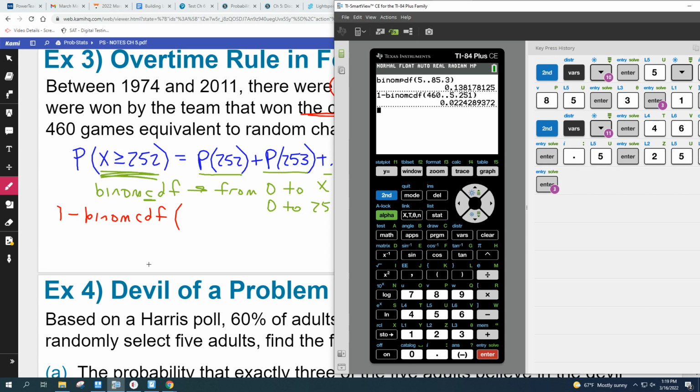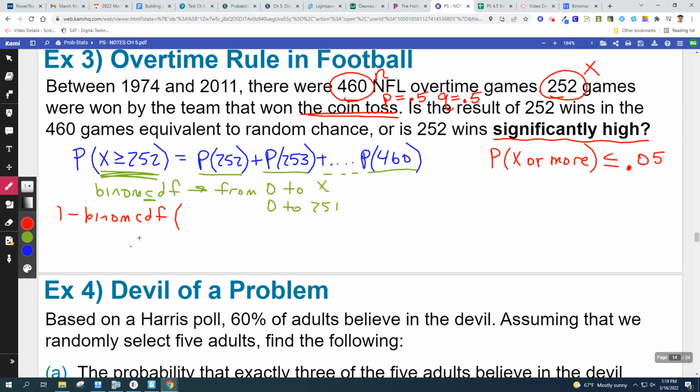We get 0.02242. So that's 460, comma, 0.5, comma, 251. Kind of tricky, right?